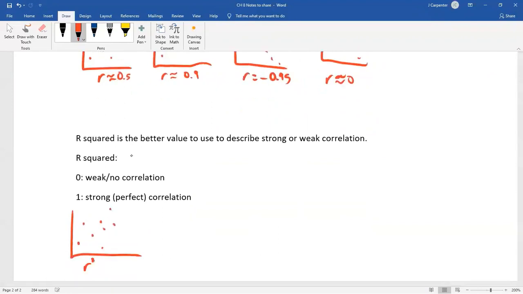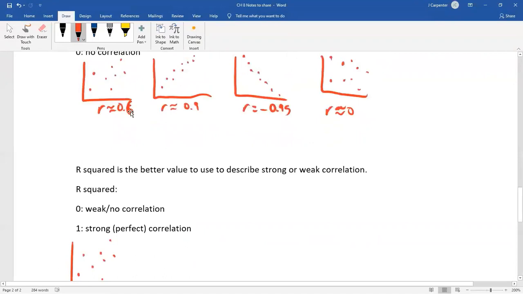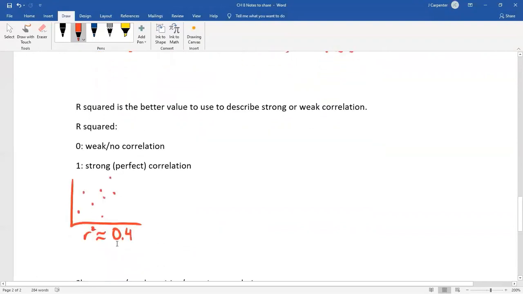As an R squared, this would actually probably be in the ballpark of 0.4, maybe even 0.3. I'm going to go 0.4. This last one probably should have been a 0.6. Again, R is really tough to judge because when you square a decimal, these numbers get further and further apart. If you square 0.6, you get 0.36. So 0.6 sounds okay, but really, again, the R squared value is what is the number that we're supposed to go based off of.